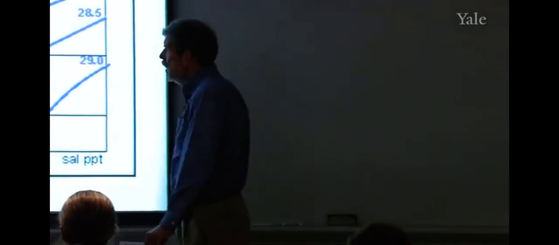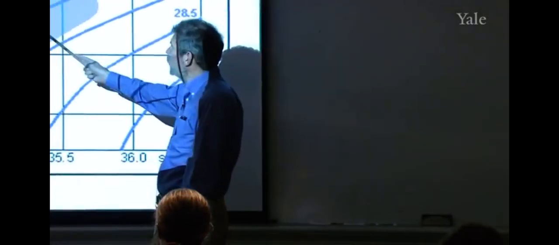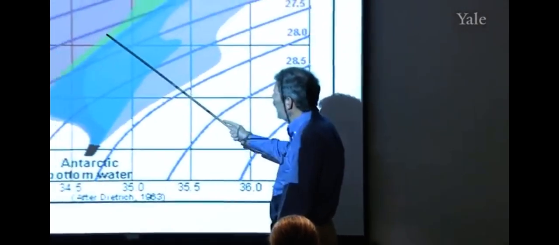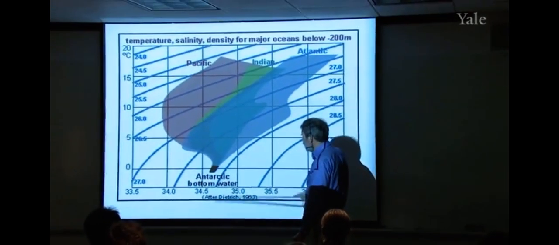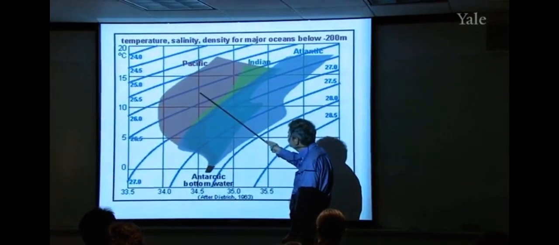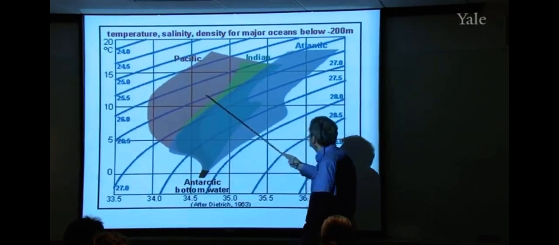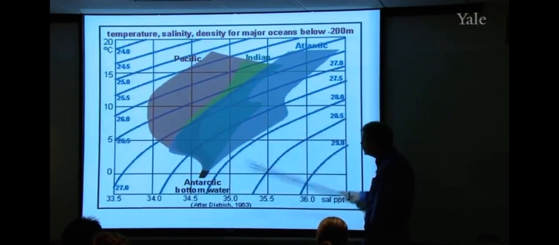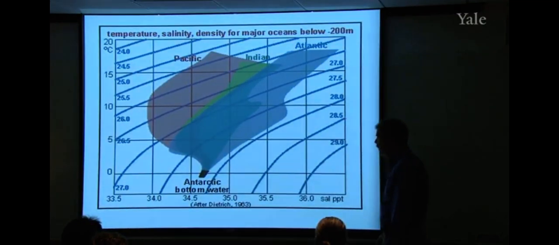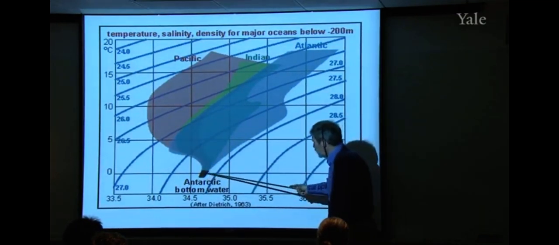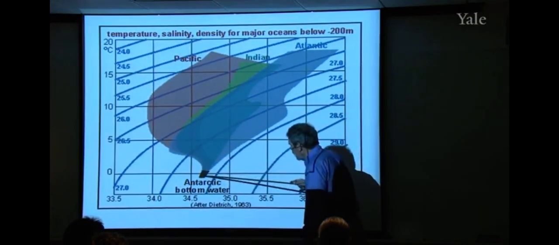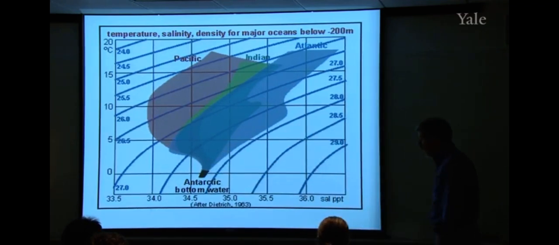So let's look at these big balloons. The Pacific Ocean is generally a little fresher and maybe even a little bit warmer than the Atlantic Ocean. There is a little part down here which is common to both oceans. They come together down there, called the Antarctic bottom water, and we're going to be talking about that probably next time.